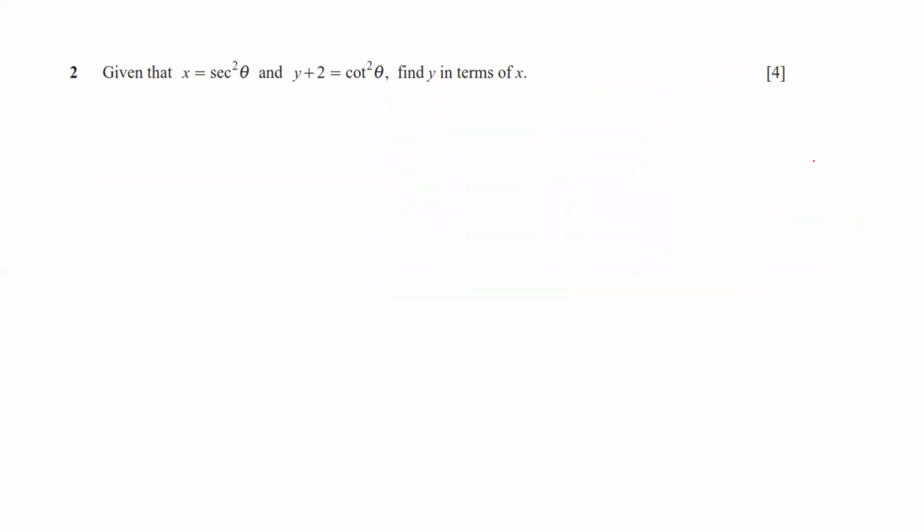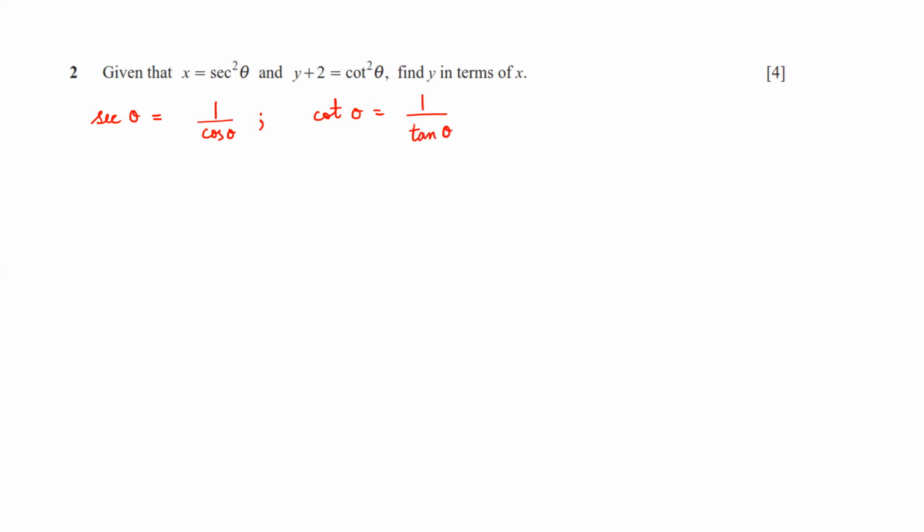We also know that secant theta is equal to 1 over cos theta. Similarly, cotangent of theta is equal to 1 by tangent of theta.